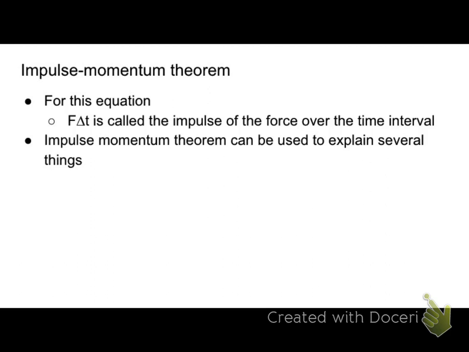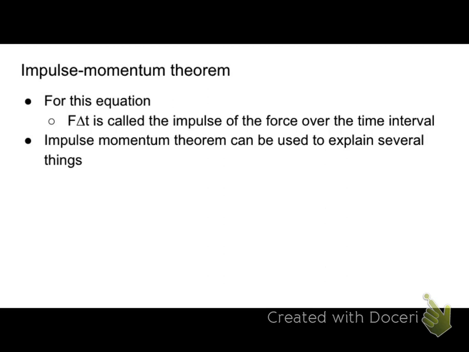It explains why having good form when you are a sports player, an athlete, is important, because it allows you to maximize, let's say you're a volleyball player, having the right form allows you to maximize the amount of time that your hand is in contact with the ball, thereby lowering the amount of force you have to apply in order to achieve your desired goal.